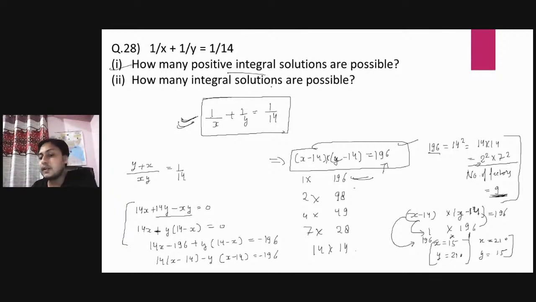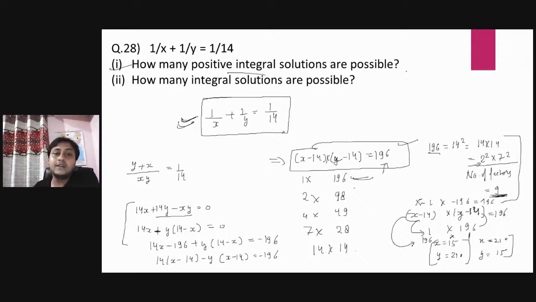This x, y should be positive, right? If someone wonders, sir, why didn't you take -1 into -196, that is also 196. So guys, when you take x minus 14 equals to -1, x should be 13, but when you compare y minus 14 equals to -196, you will get y as a negative number. But you have to find positive integral solutions in the first one, so we will not consider this one.